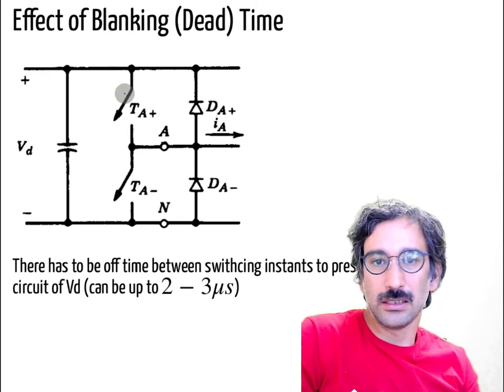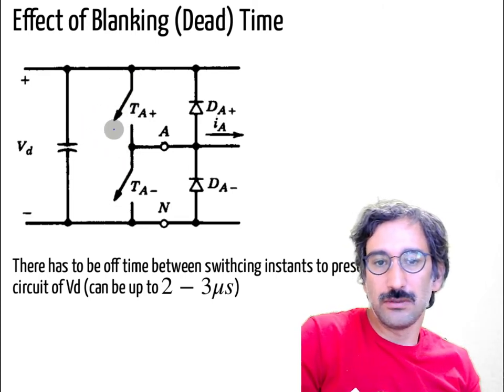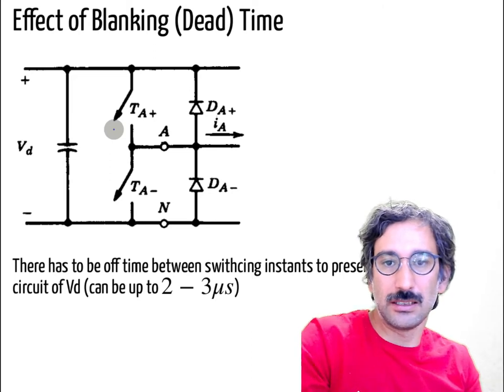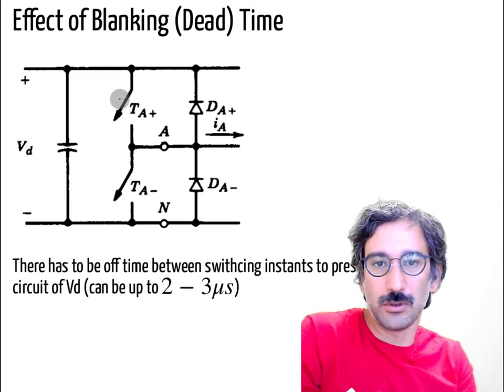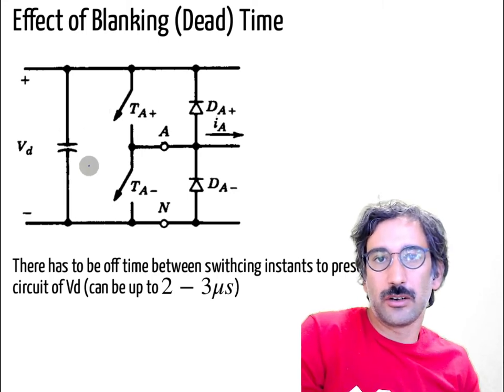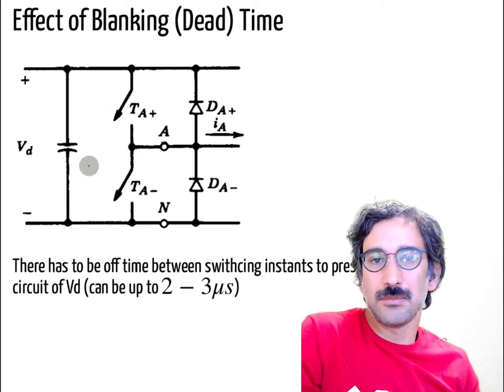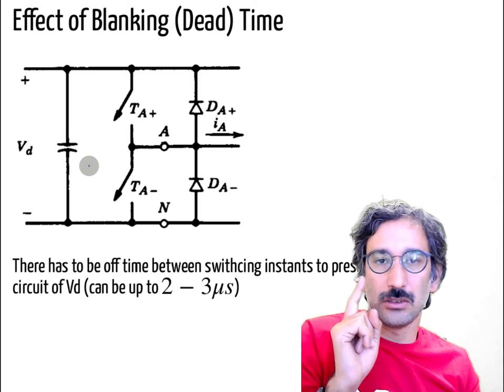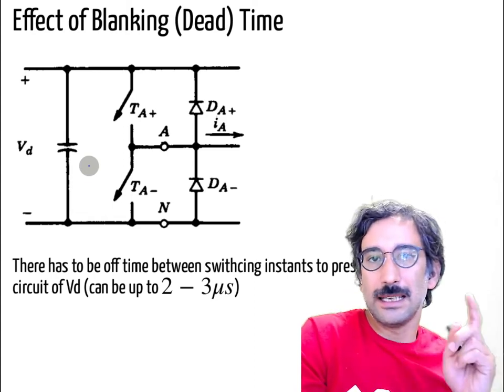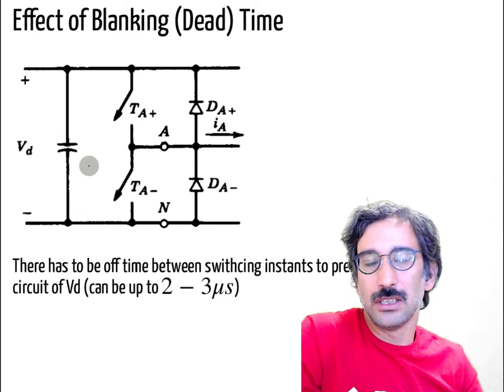Technically we cannot turn on these two switches simultaneously in a voltage source inverter, because if we do that, we will short circuit our capacitor. But that doesn't mean we can turn on one at the instant that we turn off the other transistor. Why?